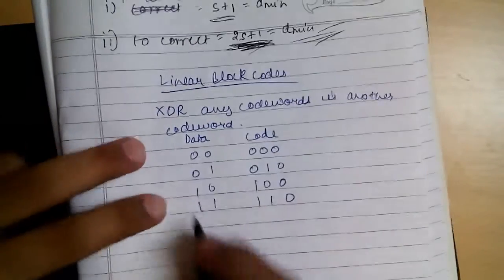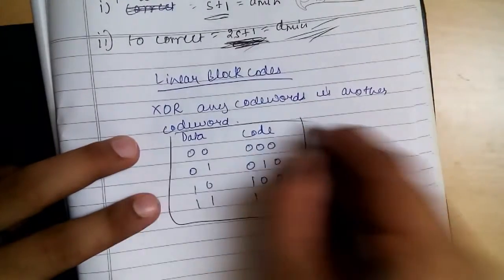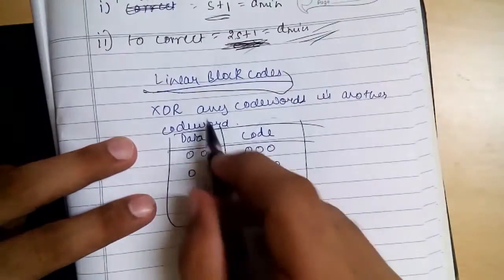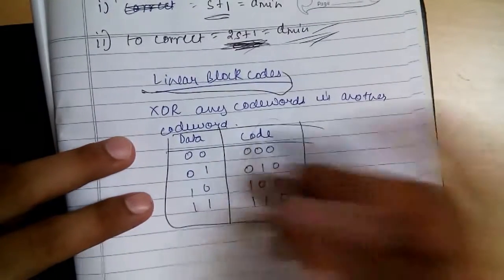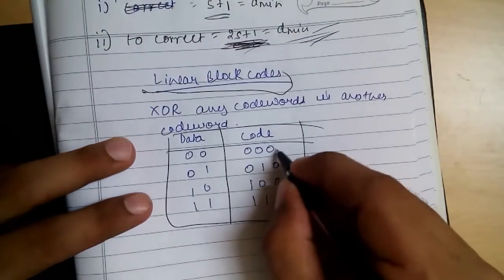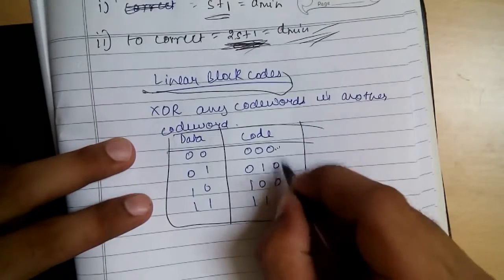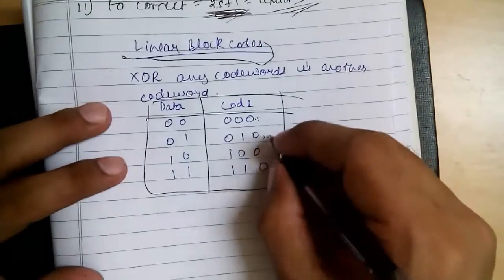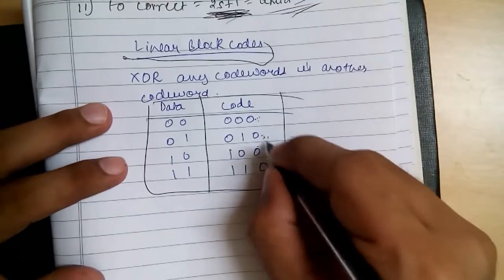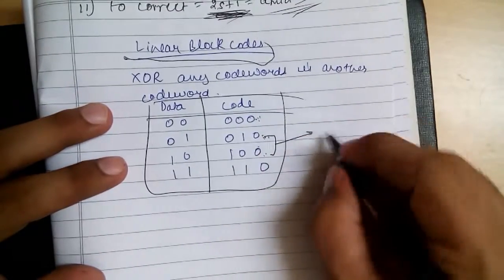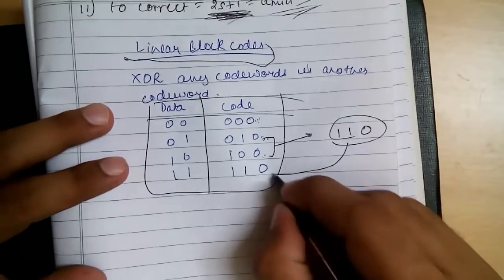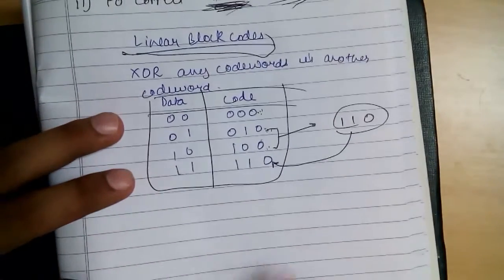So whether this set of code words belongs to linear block codes or not, we can XOR any two code words and see what we get. If I XOR with 0, I will get the same, so there is no need to check with that. So let's say I XOR this and this, I will get 110, which is also part of this.